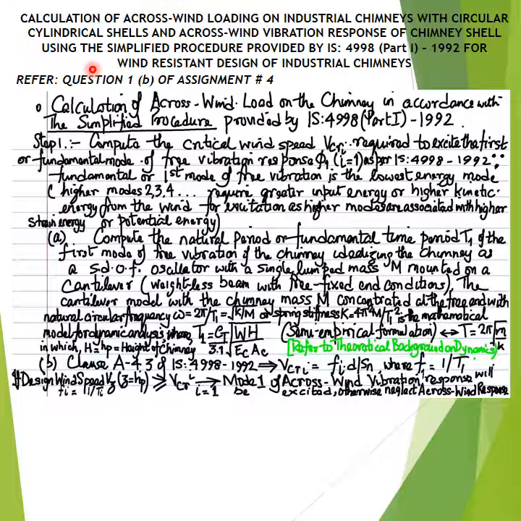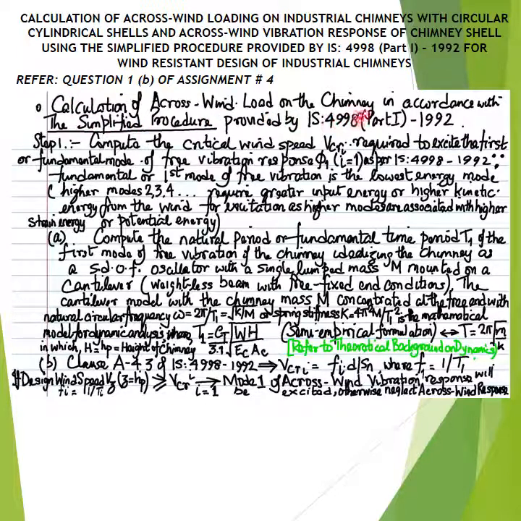And since the crosswind loading may govern or dictate the structural design of the chimney shell, the crosswind loads acting on the industrial chimney need to be calculated and accounted for in the wind resistant design of the industrial chimney.